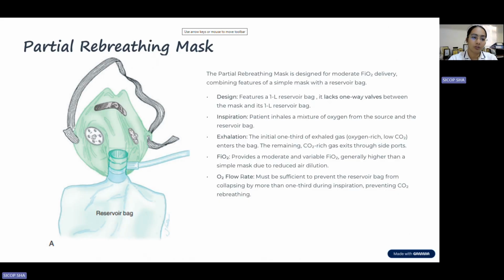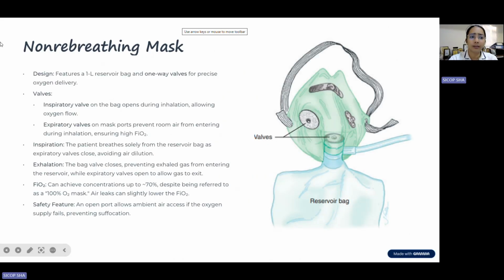But when we go to the non-rebreathing mask, there is a valve present here. While exhaling, this valve will close. Since this valve closes, only pure oxygen will enter the reservoir bag. The exhaled air will be let out through the exhalation port, or another valve which opens during exhalation. So these two valves are opposite.